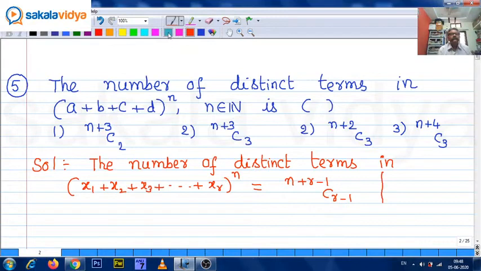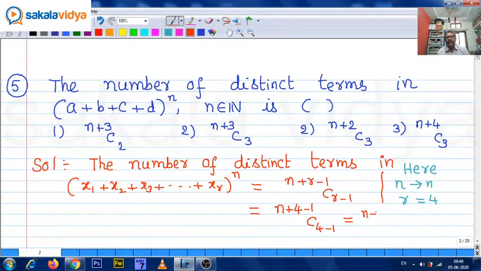Here n stays the same, but r changes. The value of r is 4, so r is equal to 4. Substituting, we get n plus 4 minus 1 C 4 minus 1, that is n plus 3 C 3. That means the second option is the right option.